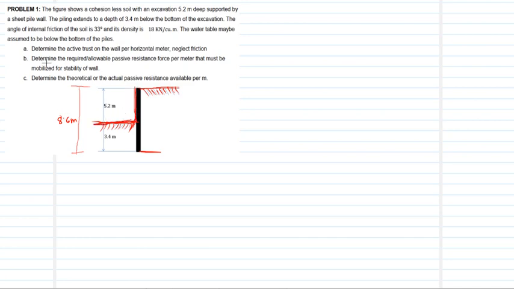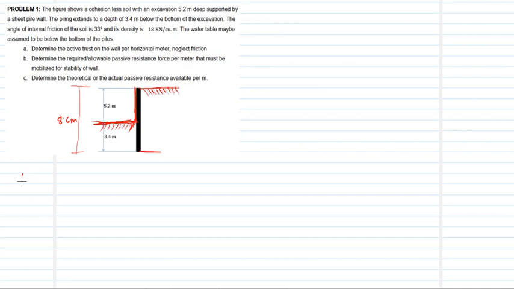So, yung una, i-determine daw natin yung active thrust on the wall per horizontal meter. So, per meter. So, to solve for the active thrust, we must solve first yung ating coefficient of Rankine's earth pressure, yung Ka, and then yung Kp sa active and then sa passive.